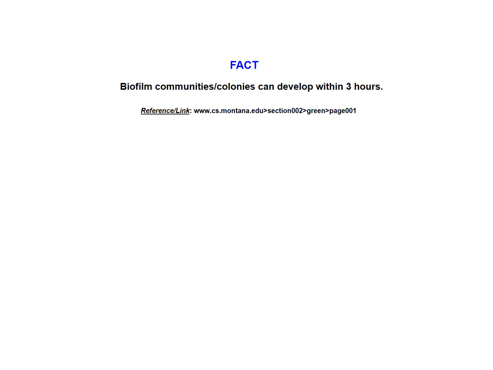To start with, a very important and almost frightening detail is that biofilm communities or colonies can develop within 3 hours from starting that development. There are several stages in the formation of biofilm.